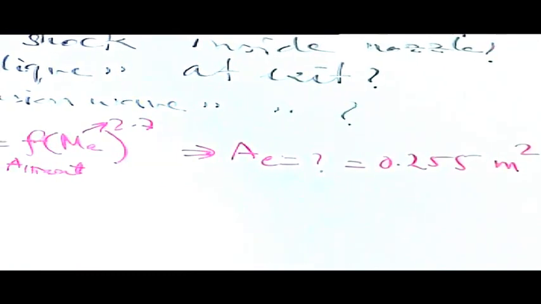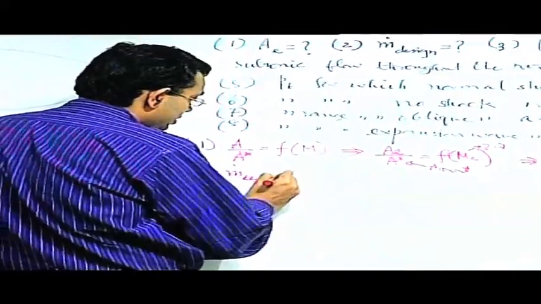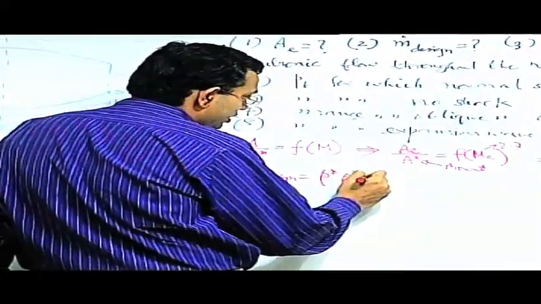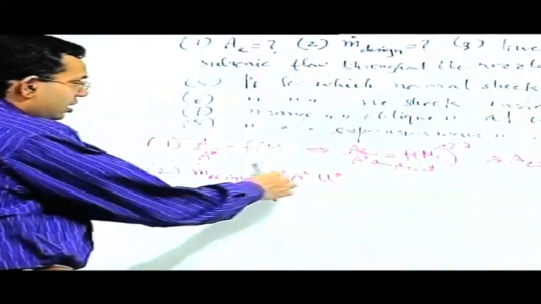Second part, what is the designed mass flow rate? Remember, the designed mass flow rate corresponds to the star condition, that is m dot design is nothing but rho star A star into U star. So, individually we have to calculate rho star, A star, U star.